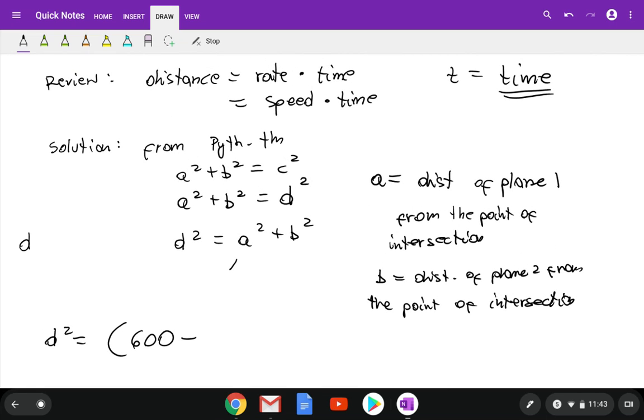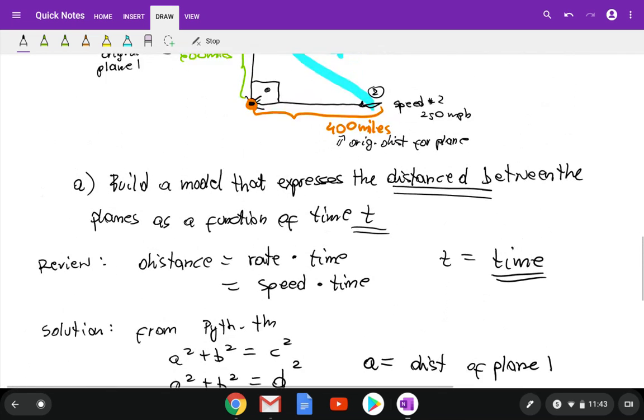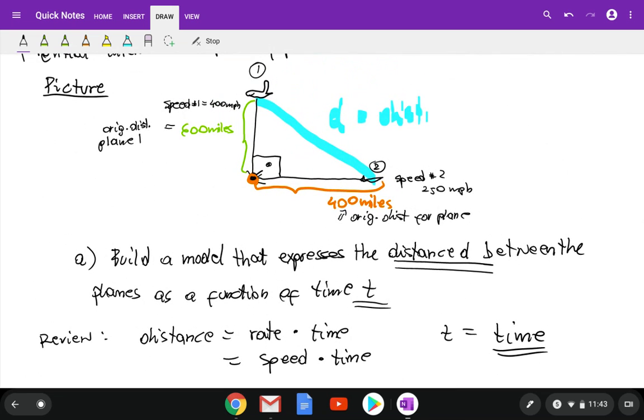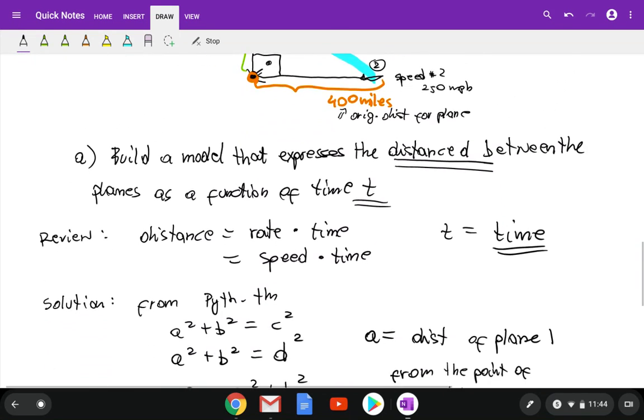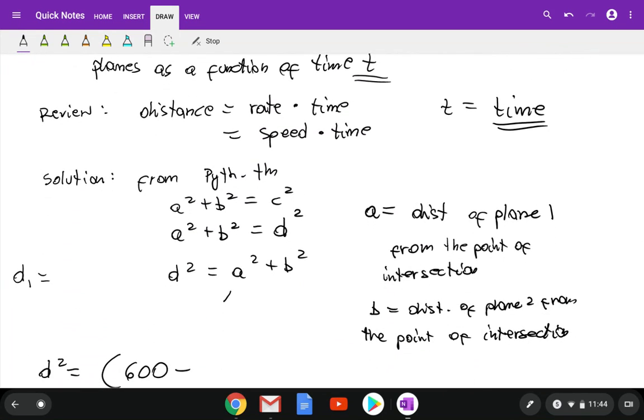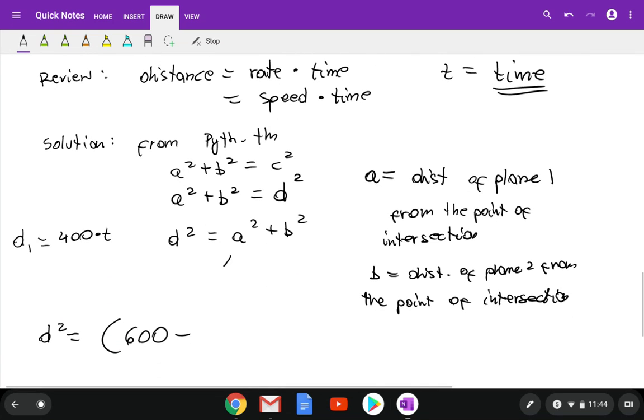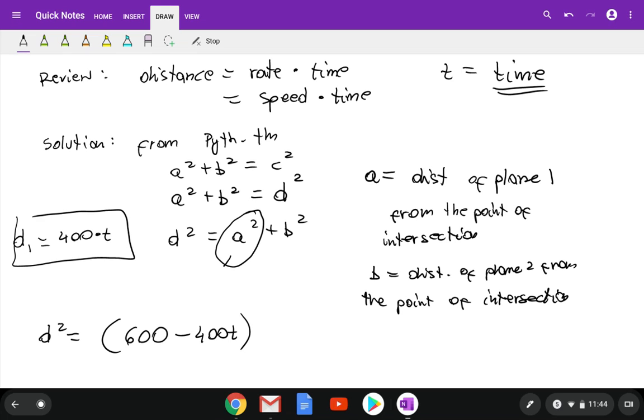So the distance of plane 1, when we're talking about time, is the rate, which is the speed, times time. The speed of plane 1 is 400 miles per hour. So distance 1 is 400 miles per hour times time. So from my original distance, which was 600 miles, I need to subtract 400t, and I'm plugging that into my formula.